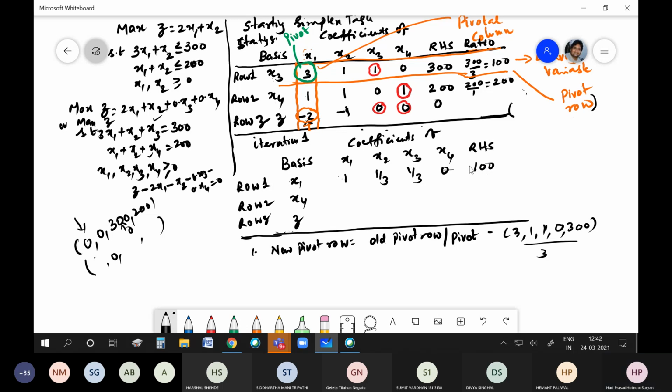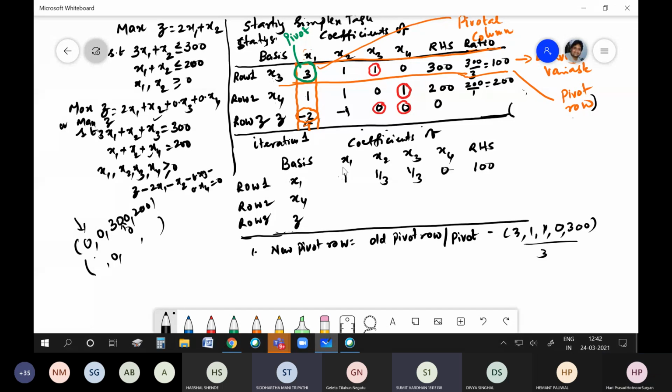Okay, so in this second row, what should be the coefficient of x1 if it has to conform to the simplex table? 0.